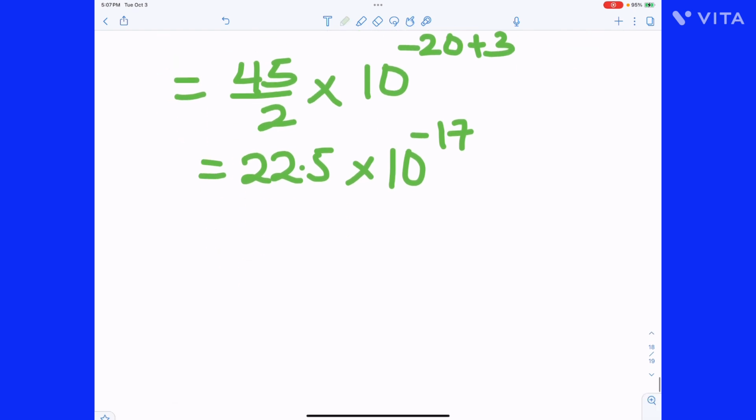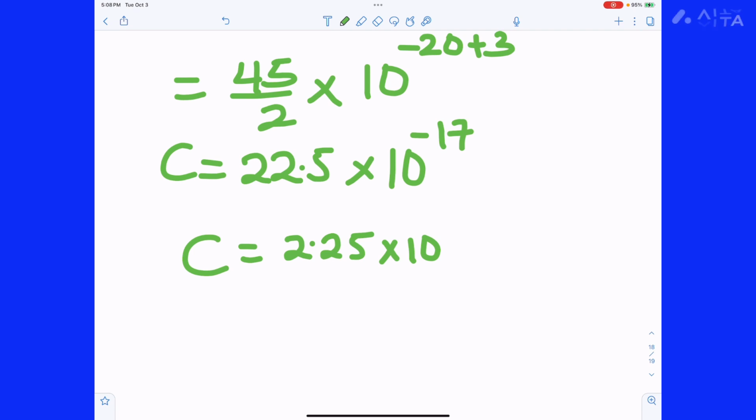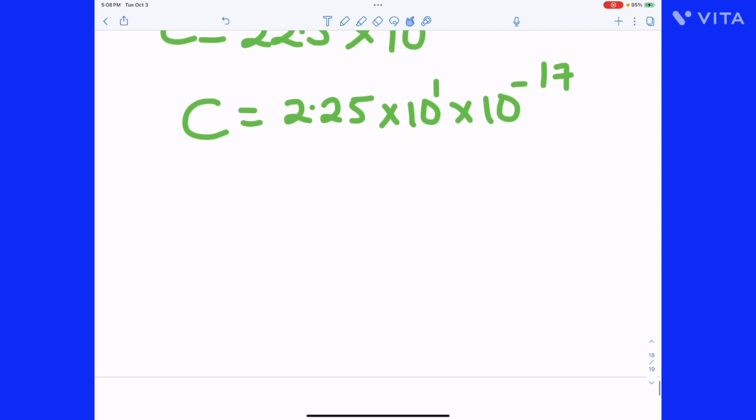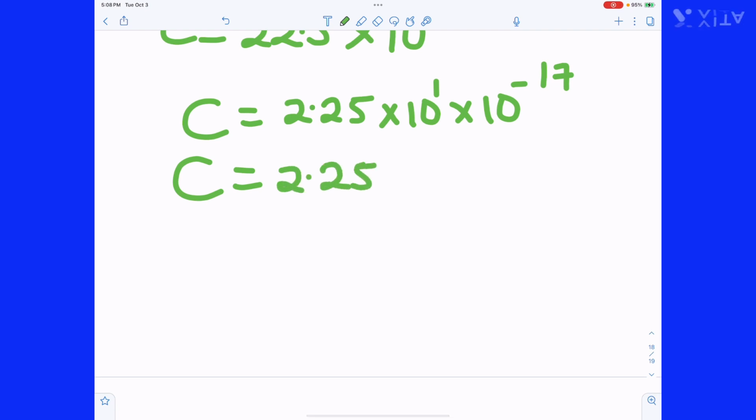So the capacitance of the capacitor will be 2.25 times 10 raised to power 1 times 10 raised to power minus 17. Add 1 to minus 17 and you get minus 16. So the capacitance of the capacitor is 2.25 times 10 raised to power minus 16 farad.